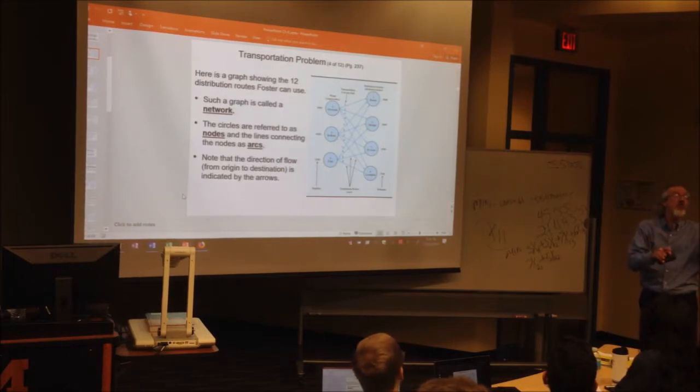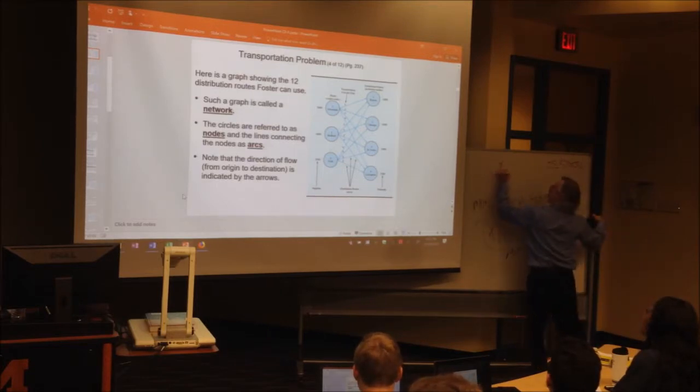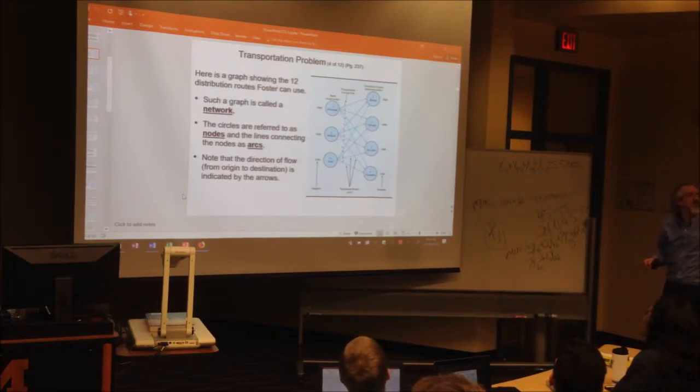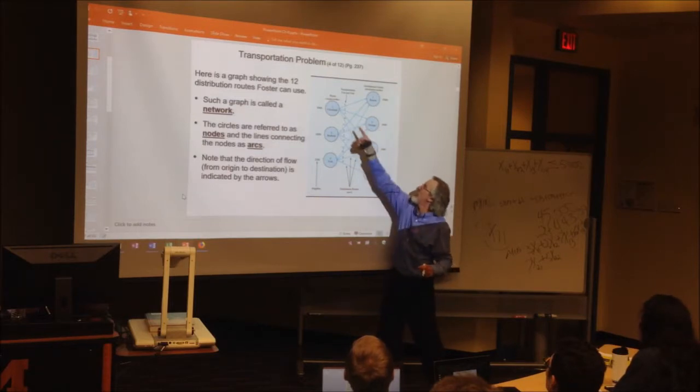Those costs are only in the objective function. So on the left side, I'm going to have x11 plus x12 plus x13 plus x14 less than or equal to 5,000. Everybody see it? Follow the arcs. It's going from node 1 to 1, 1 to 2, 1 to 3, 1 to 4.